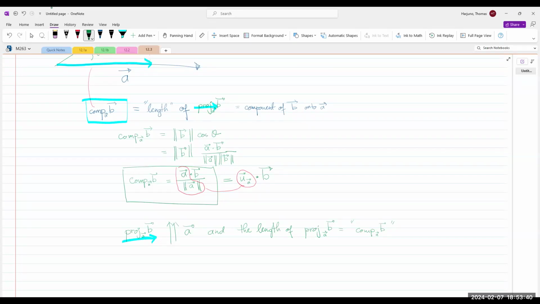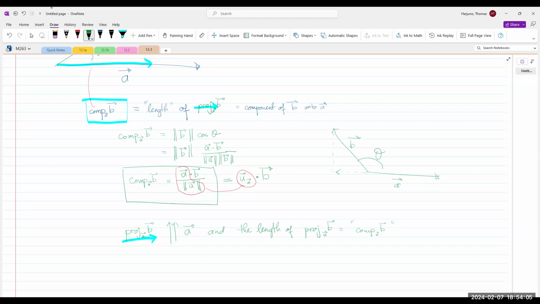But the component of B may be negative. Imagine if we have this situation, this is A here and this is B, then the component of B is actually negative, because the angle is more than 90 degrees. If the angle is more than 90 degrees, then the dot product is negative and therefore the component is negative.